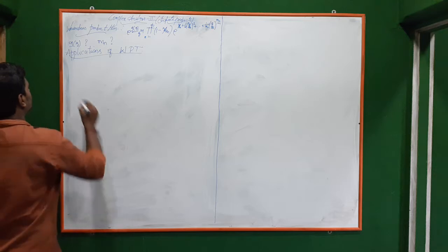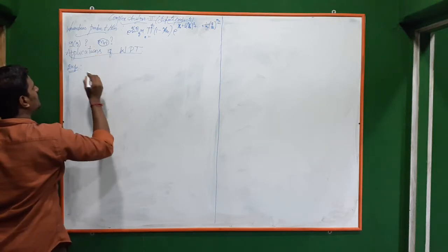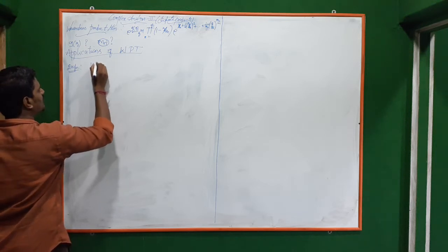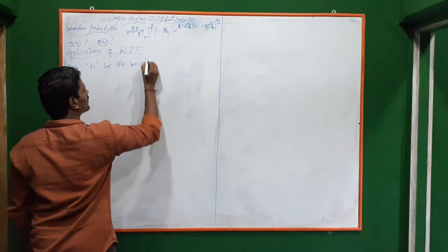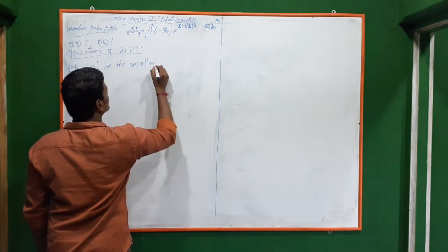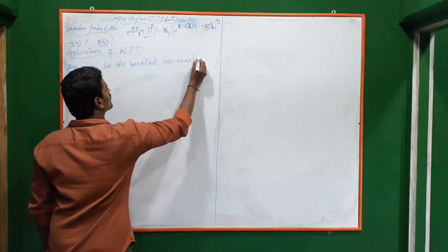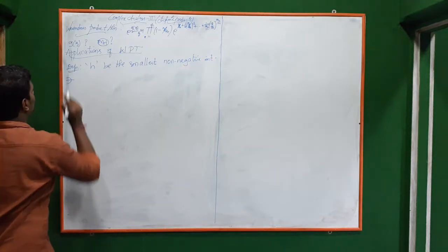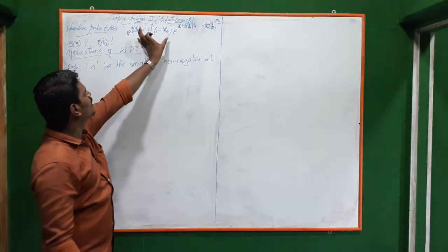The first thing is the definition for this m_n. Let h be the smallest non-negative integer, it can be 0 also, such that this product converges.